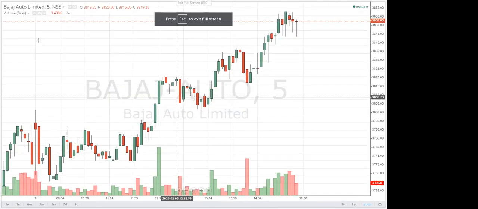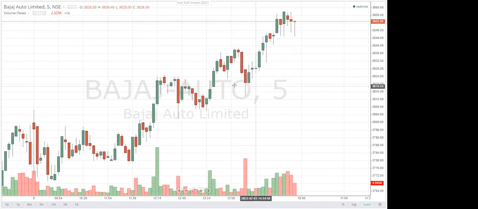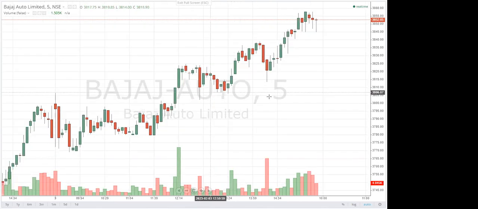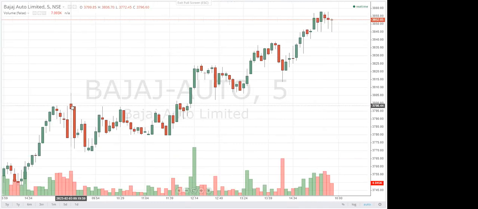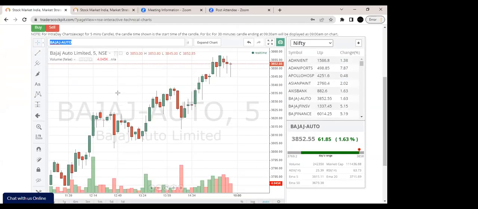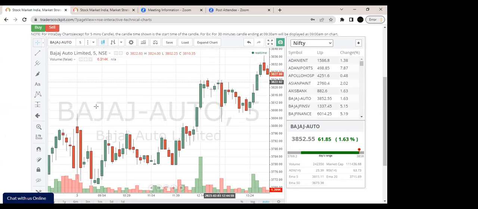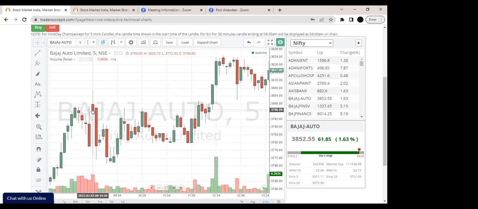This is the Bajaj Auto stock, and this is yesterday's candle of Bajaj Auto, as you can see. Target and stop loss, I'll explain along with the concept.